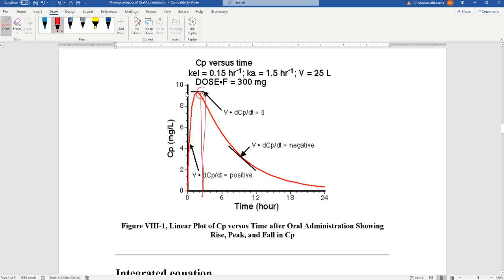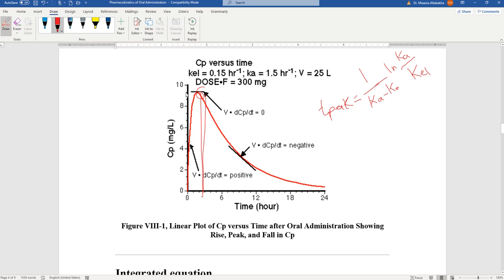The question is, how can I calculate T peak? Now T peak can be derived, but it can be given by the following equation. T peak for an absorption of a single dose is equal to 1 divided by Ka minus KL, multiplied by ln Ka divided by KL.